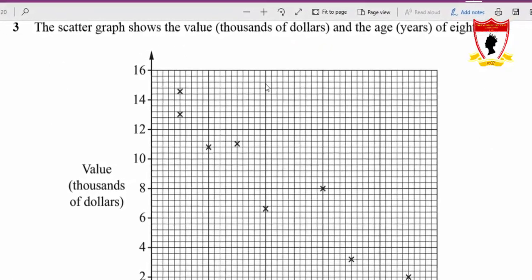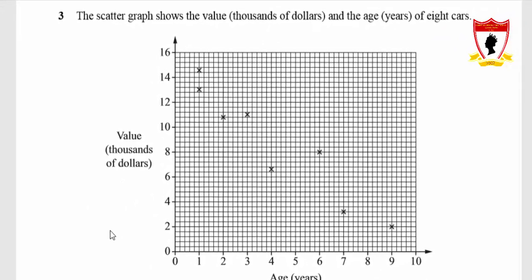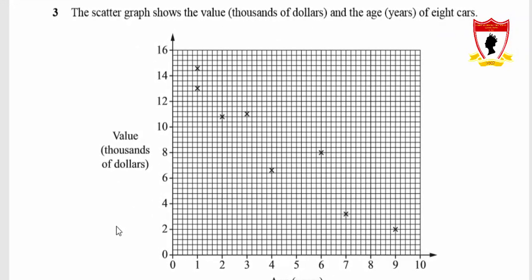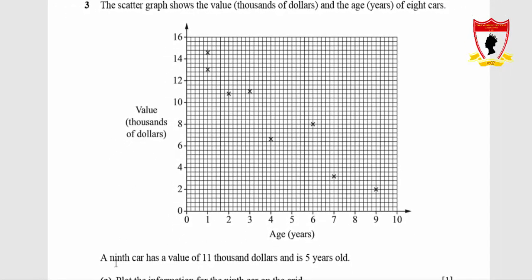Question 3 is about scatter diagram. The scatter graph shows the value in thousands of dollars and the age in years of 8 cars. Okay, here the age of the cars and the value in thousands of dollars. A 9th car has a value of $11,000 and is 5 years old.